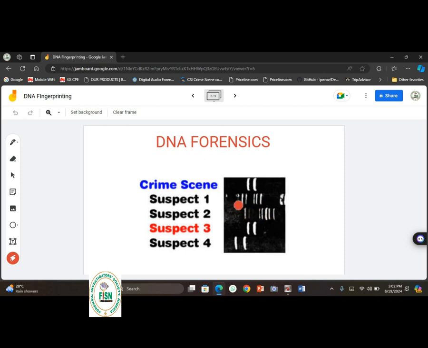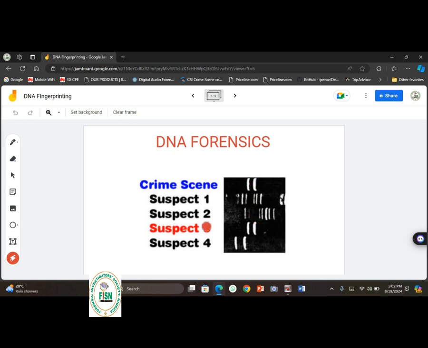For the first suspect, this is what you have. It doesn't match this one from the crime scene. From suspect 2, this is what you have. It doesn't match this one from the crime scene. Look at suspect 3. You can see that they are the same. And suspect 4, of course, is not the same.